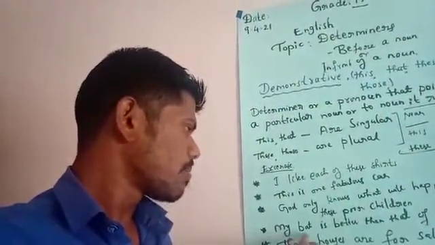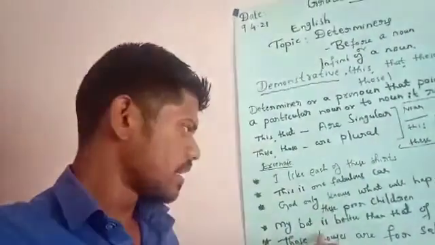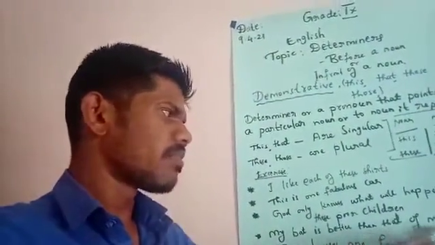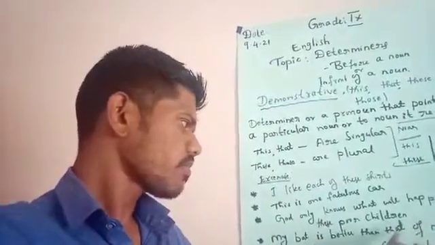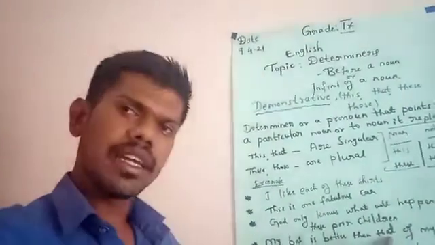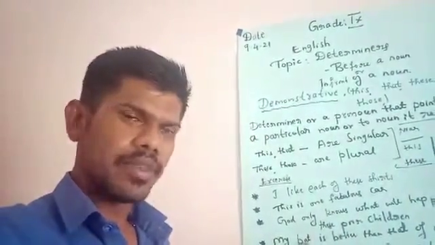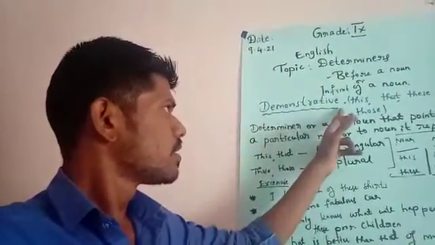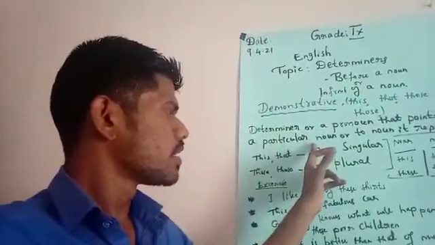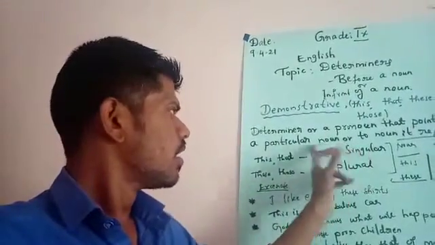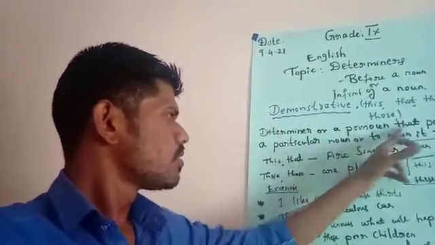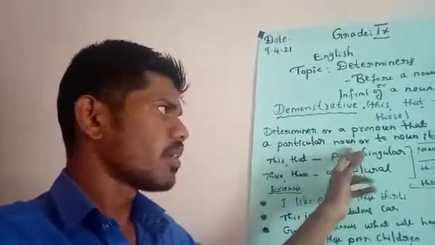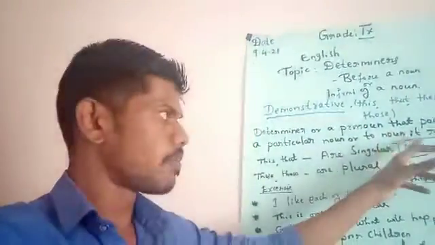Fourth sentence: my bat is better than that of my friend. Here, that indicates bat. I told you in the definition that this demonstrative determiner is used before a noun which points to a particular noun, or to the noun which it is replacing.